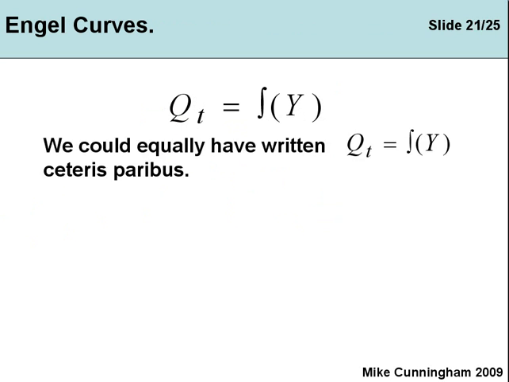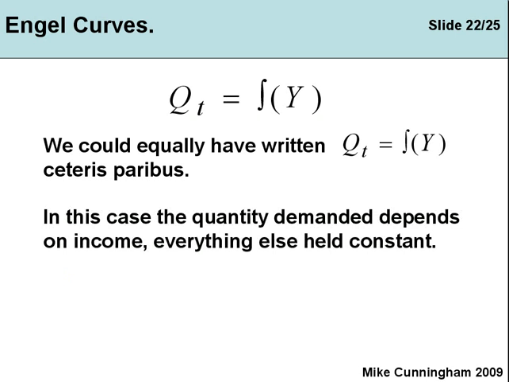Now, we could equally have written this to make it explicit that we have a ceteris paribus relationship. In this case, the quantity demanded depends on income, everything else being constant. So we're ignoring the price of the good, the price of related goods, the government and taxation and subsidies.